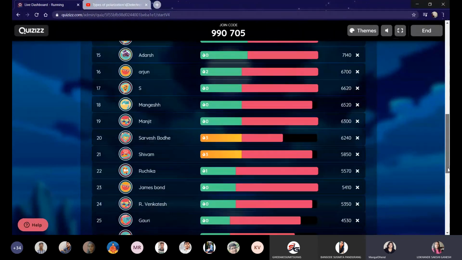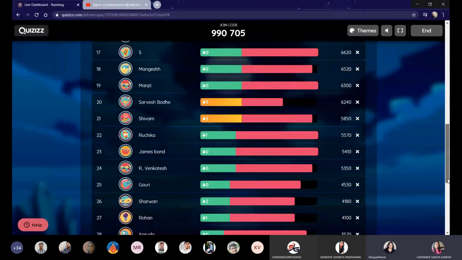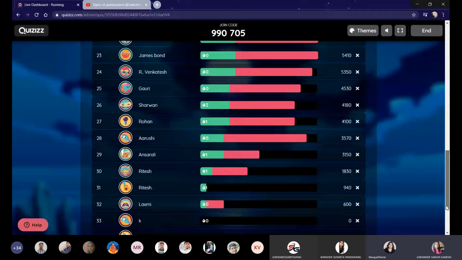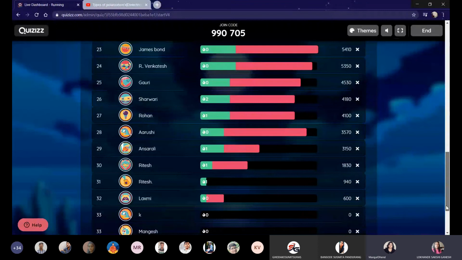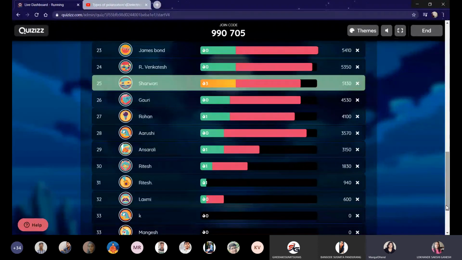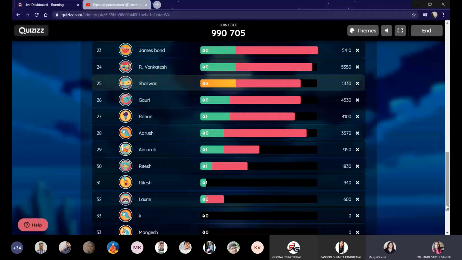Yes, ma'am. I'm scrolling. Gauri, 25. Sharwari, 26. Rohan, 27. Arushi. Ansar Ali, good. Ritesh, why so lagging, Ritesh? Huh? 30, 31. Lakshmi, 32.